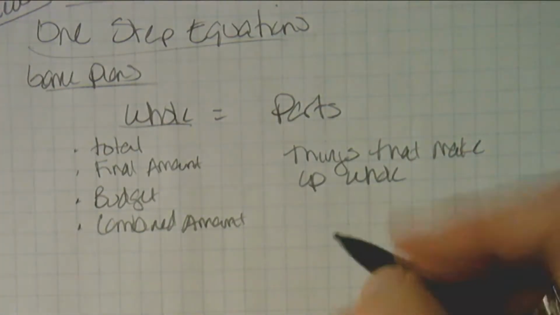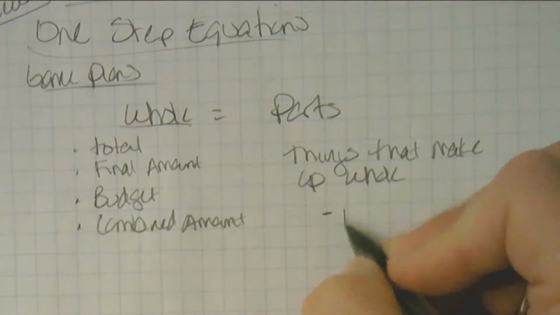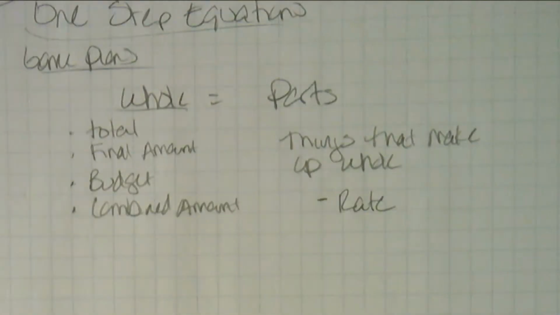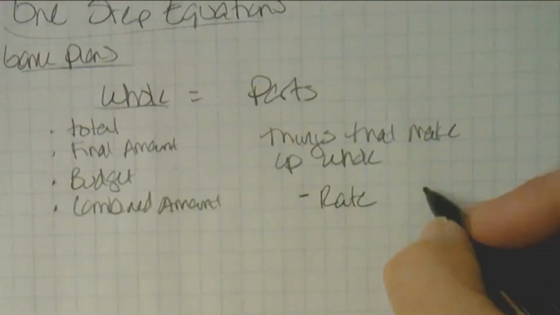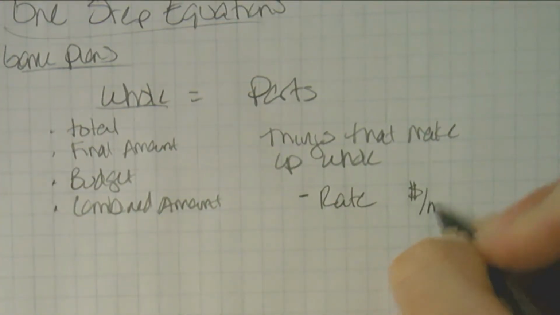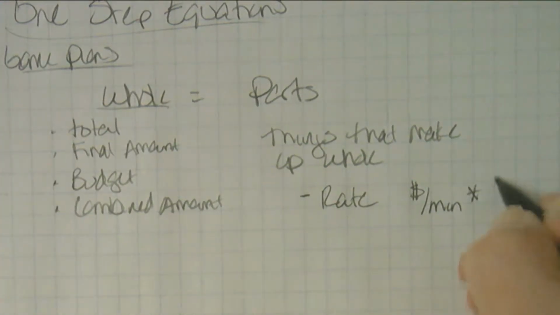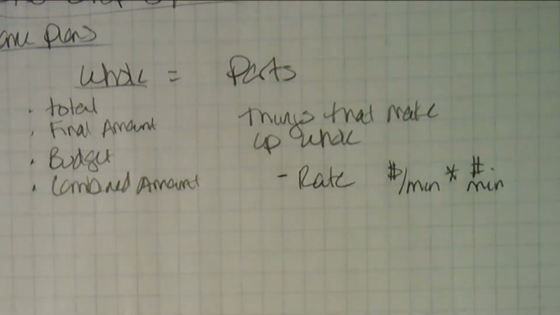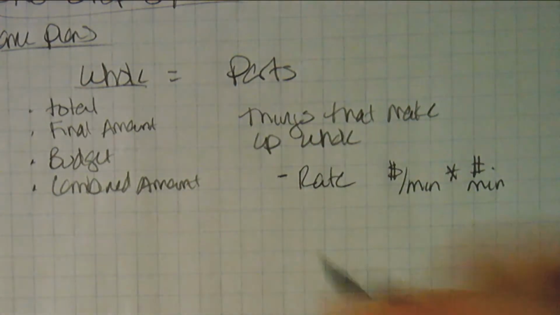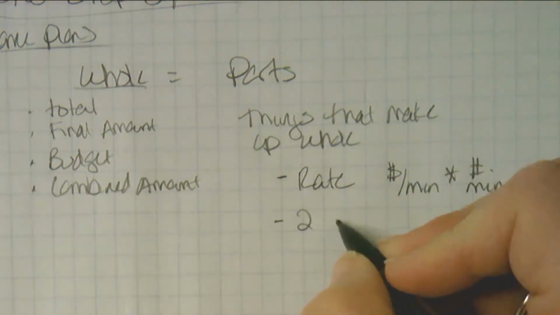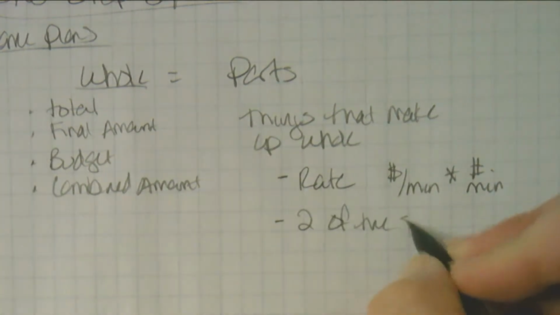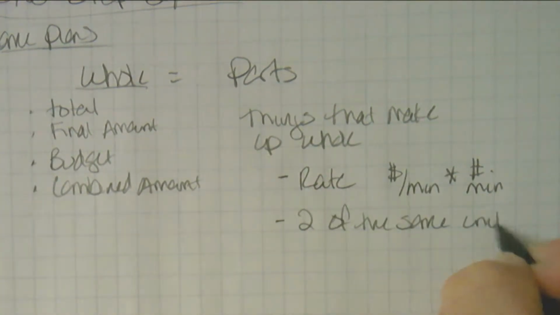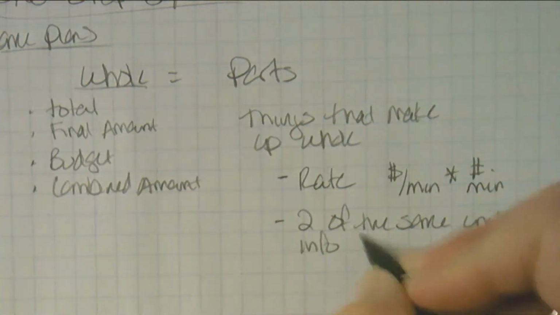So for us, we are looking for a rate. That's going to be a part. So we might have something like the cost per minute. We have to multiply that by my number of minutes. We might have two of the same units of info being combined.